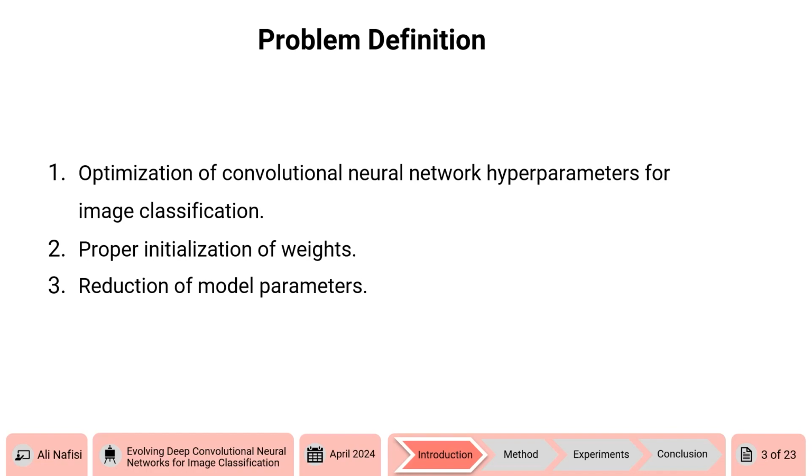The second goal is to design a proper initialization for weights. So we have some methods like initializing the weights with a constant value or from a distribution or with some prior knowledge like Xavier.